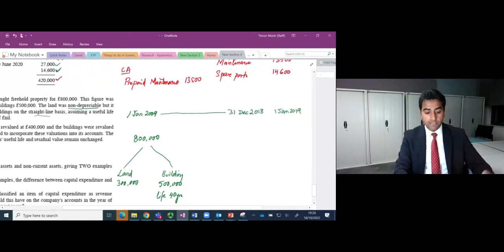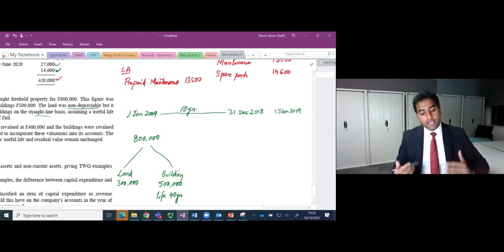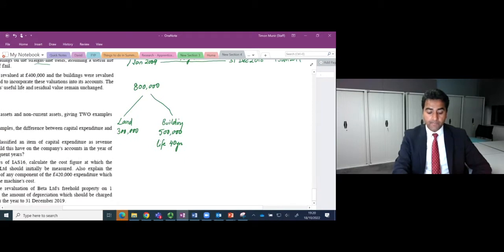Counting the number of years, January 2009, whole of 2009, whole of 2010, 11, 12, 13, 14, 15, 16, 17, 18. So there are 10 years. That means the building has been depreciated for 10 years.